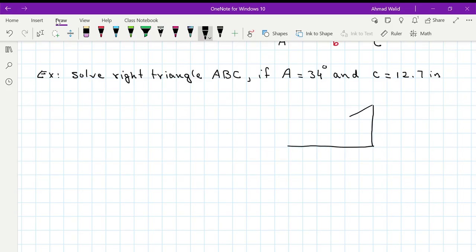It's just a diagram. Draw and mark it like that. Your triangle is A, B, here the right angle, C, and this side, lowercase c, is given to you as 12.7, correct? And angle A is given to you as 34 degrees.